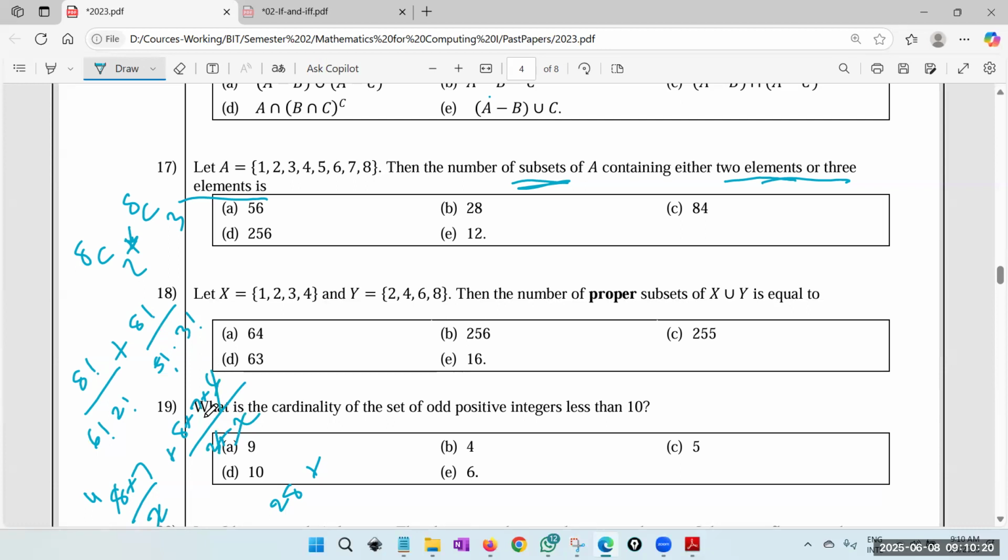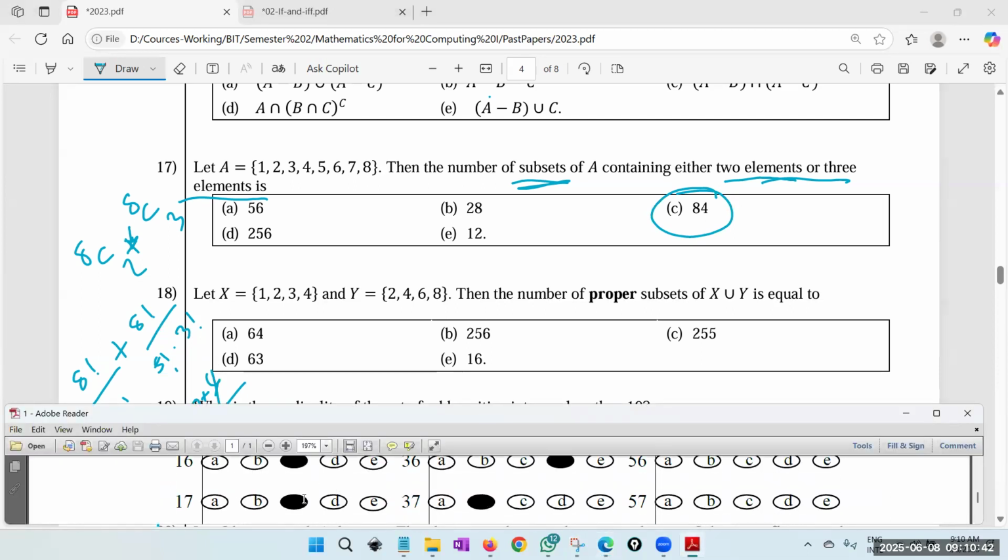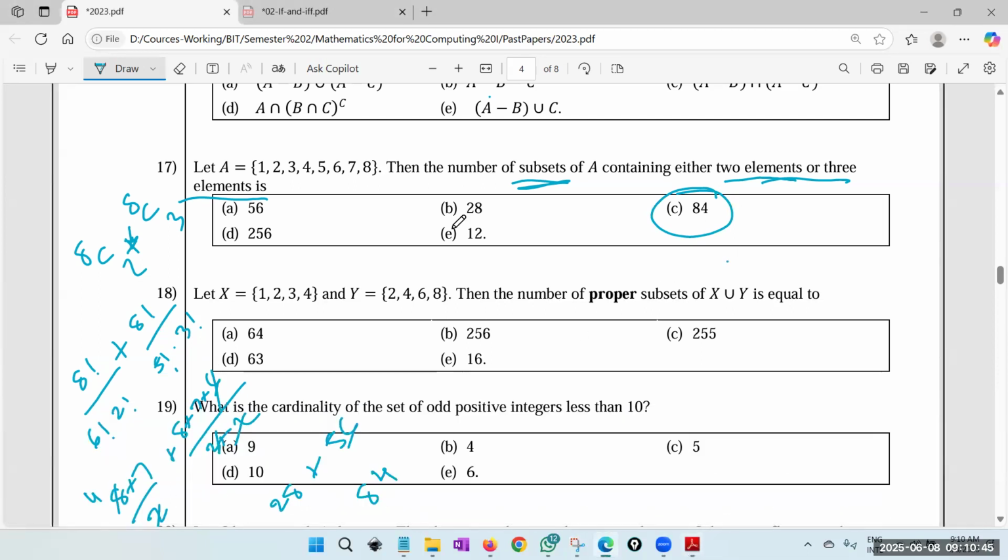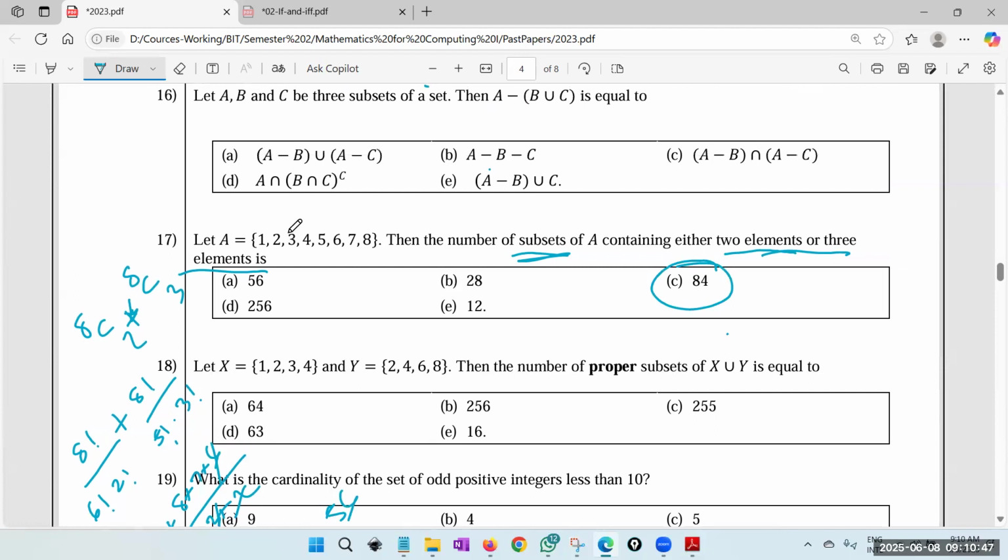Then 8 into 7, 56, right? 28 plus 56 is 84. 84 possibilities. Is it the answer? 17. Yes, answer is C. Right. So how many ways you can pick 2 out of this? Plus how many ways you can pick 3 out of this?